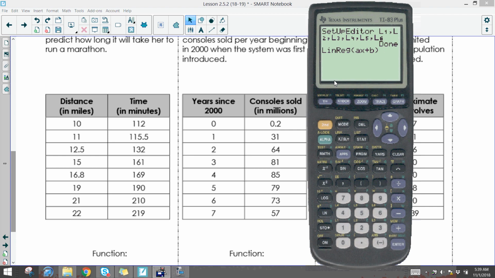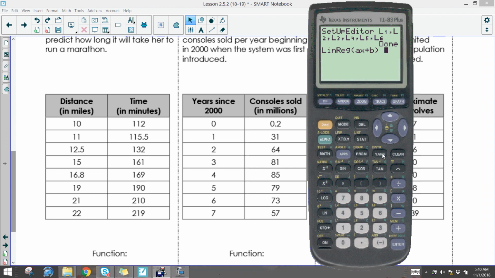Now, do not hit option number 4, enter. If you're going to use the buttons, you hit 4, and then once it gets to this screen, this is usually where most people falter because they hit enter and then they have to start over. Right now, it's going to calculate a linear regression. However, you also want to look at the graph and see, do you think it's really a line of best fit? So you need to tell your calculator where to graph it.